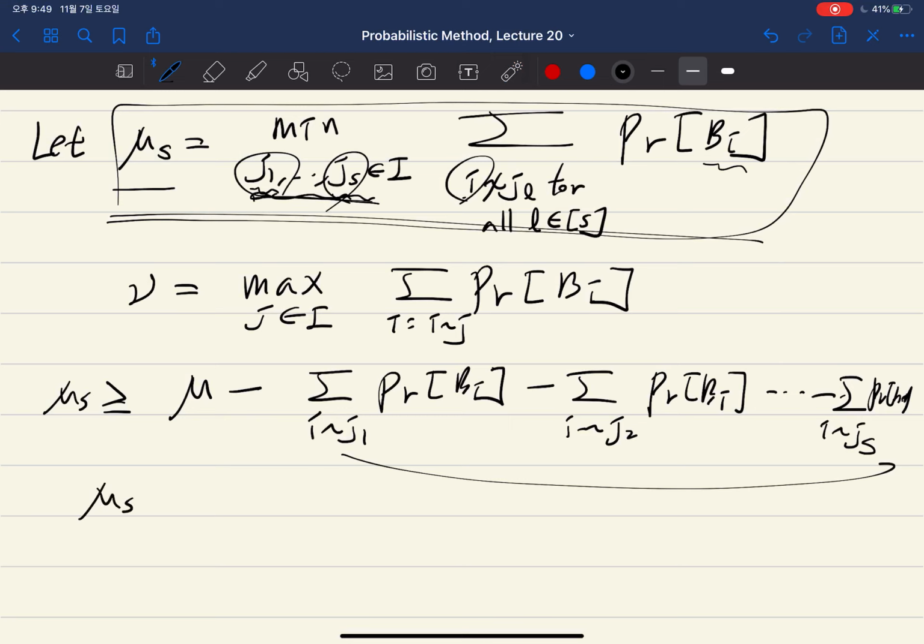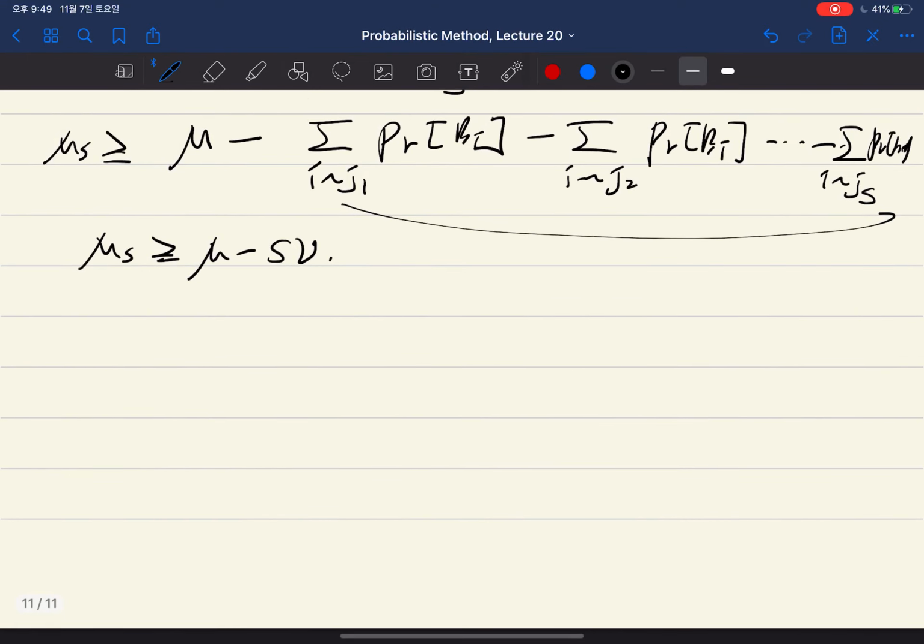So it's not hard to show this. So mu sub S has a lower bound, which is mu minus S nu.